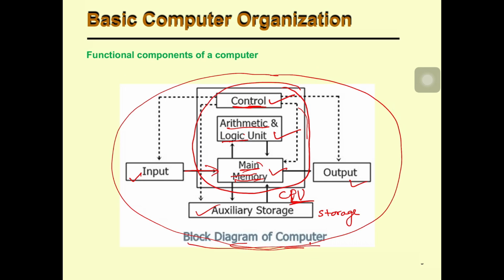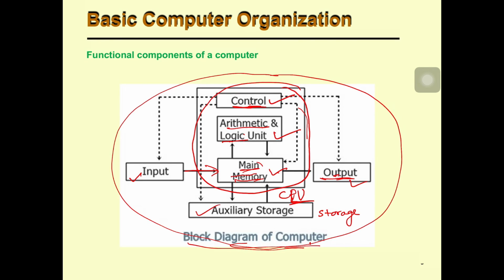Okay, after processing, we may need the output. If we want the output in the form of the soft copy, it may be provided through the monitor or through the speaker or any other devices. I will tell you after some time.